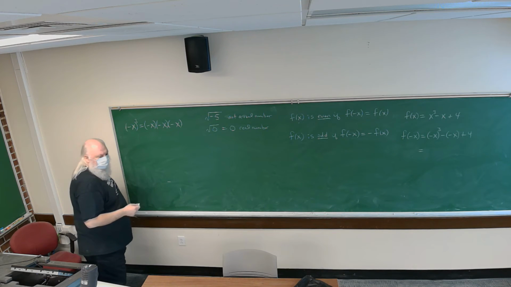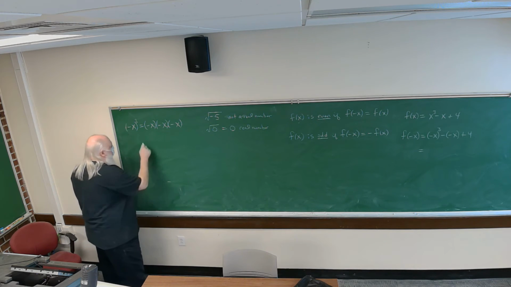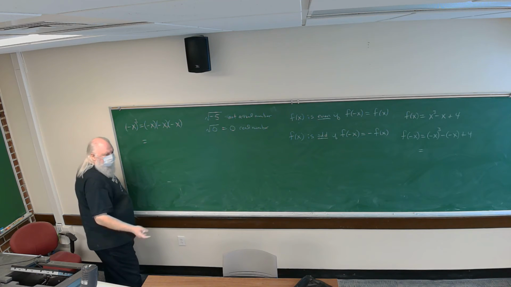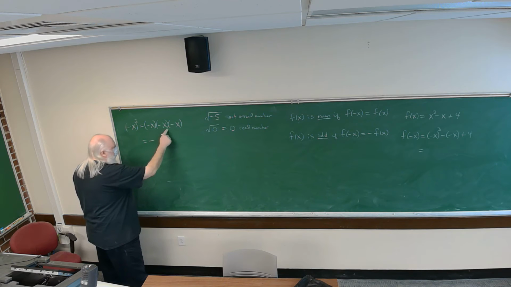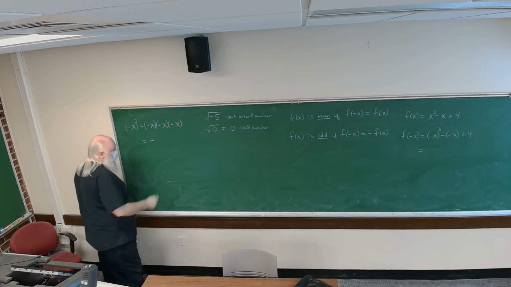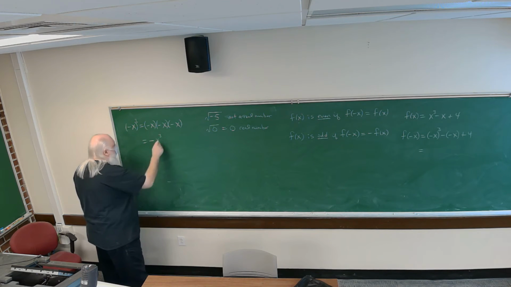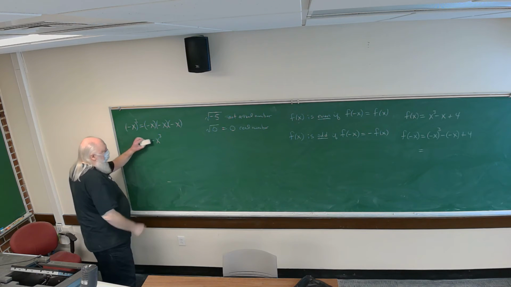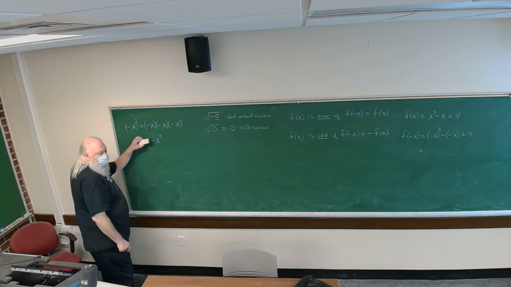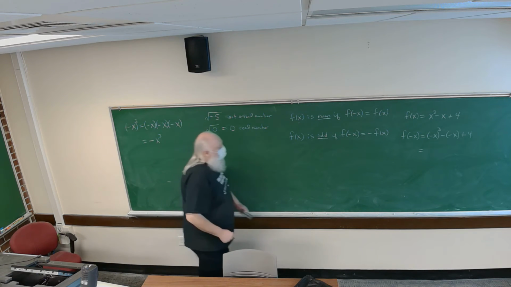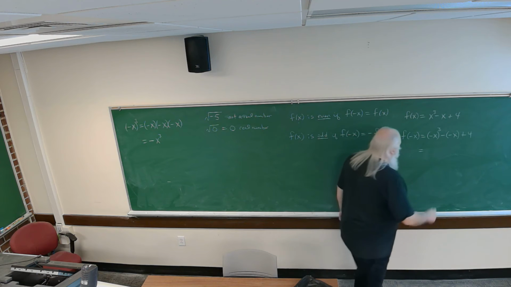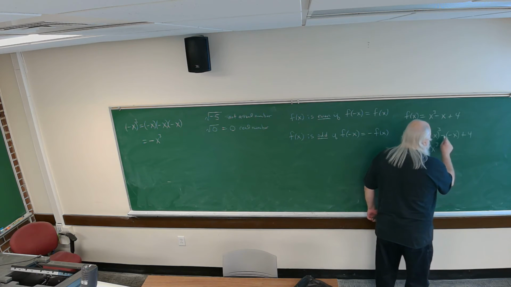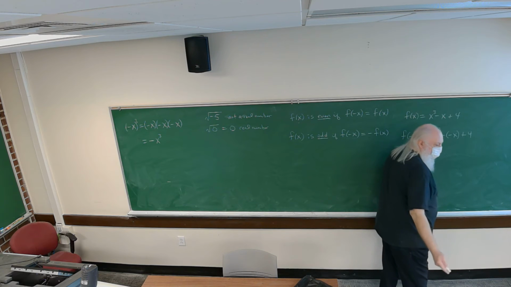A negative times a negative times a negative is negative, so minus x quantity cubed is the negative of x cubed, right? And now we have minus x.